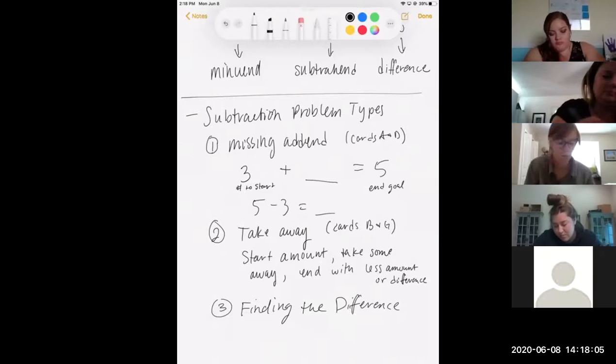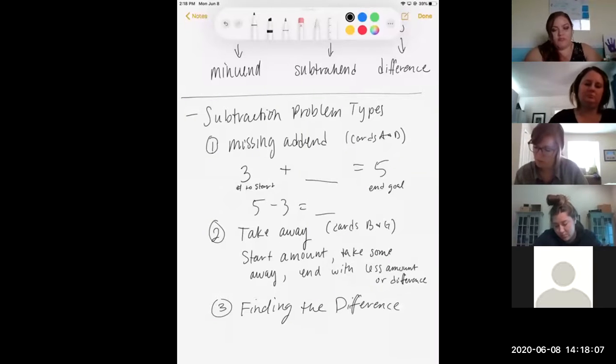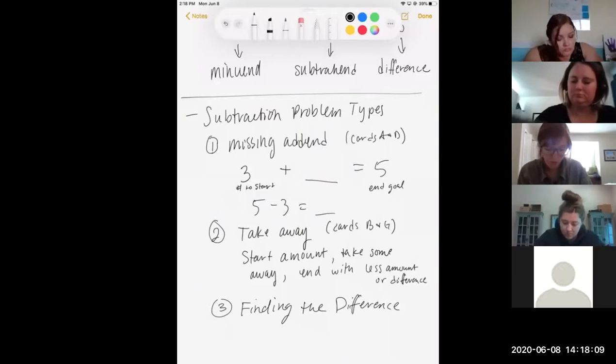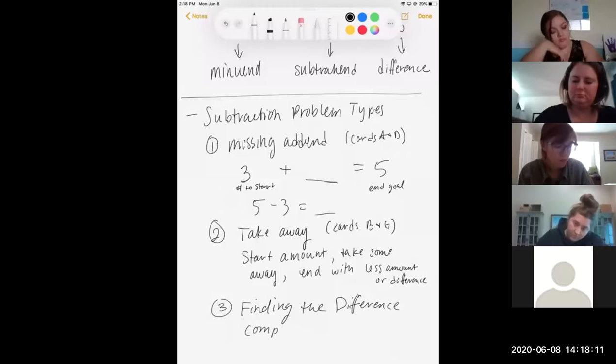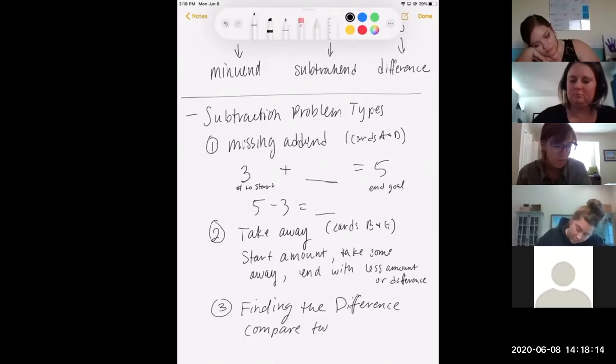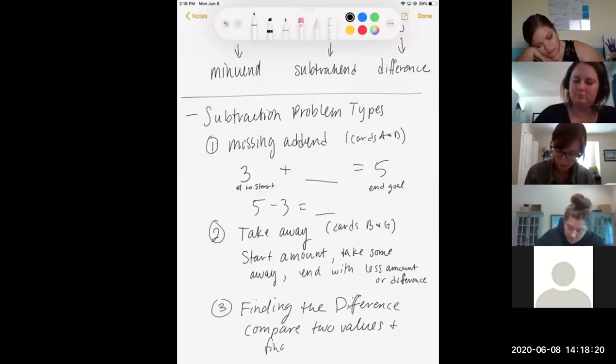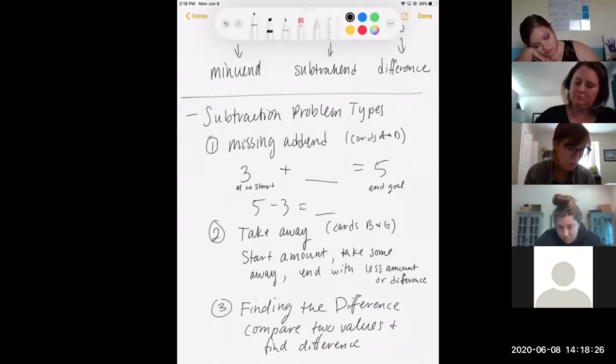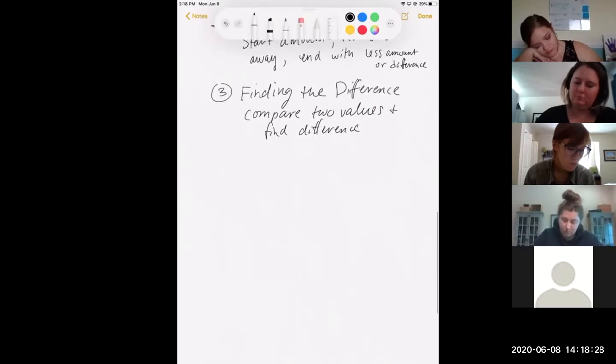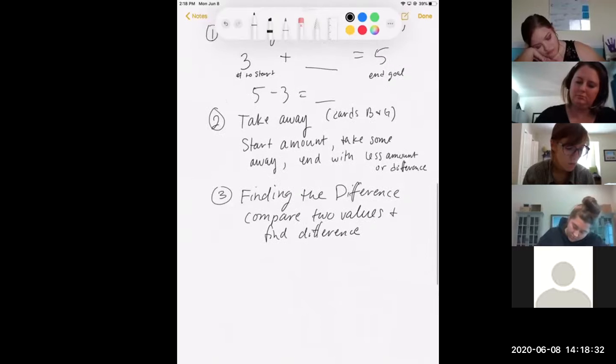What they're doing is comparing 2 values, and you can find the difference between them. So that's what's special about those, cards H and F.